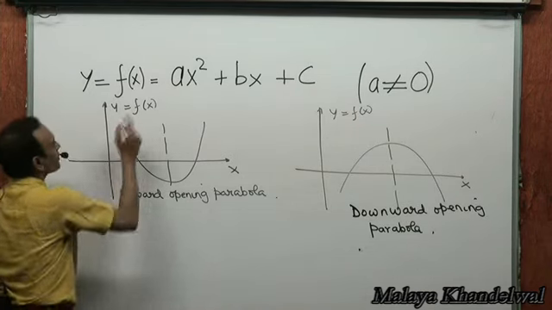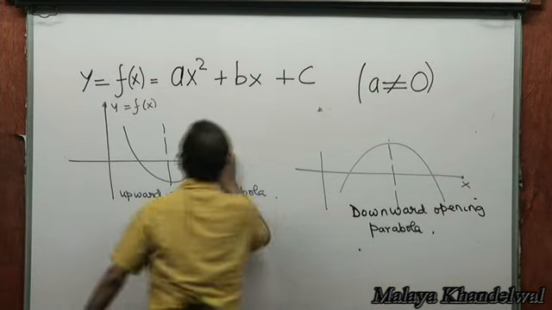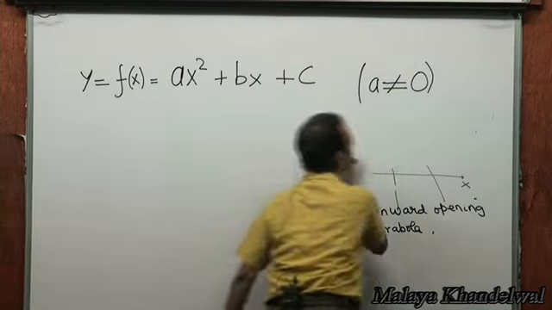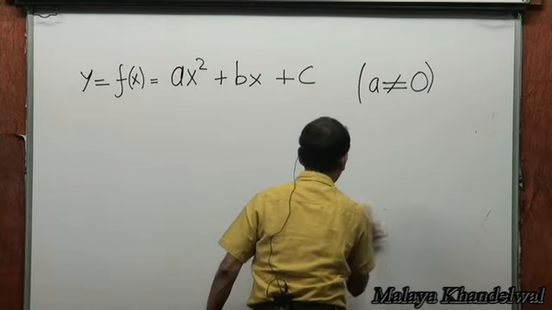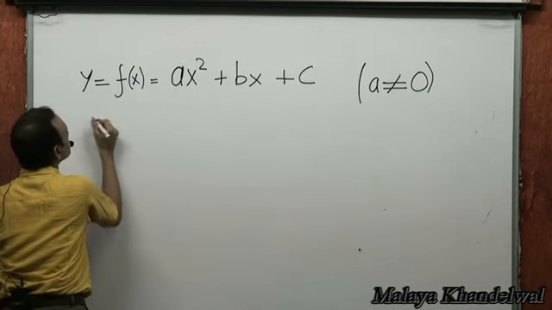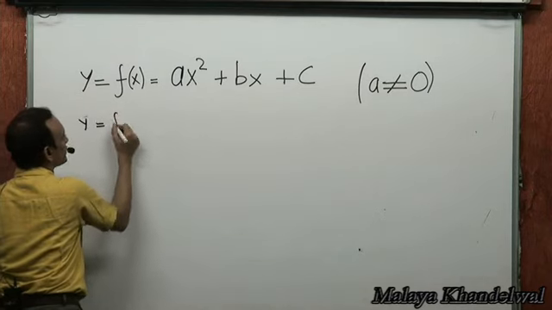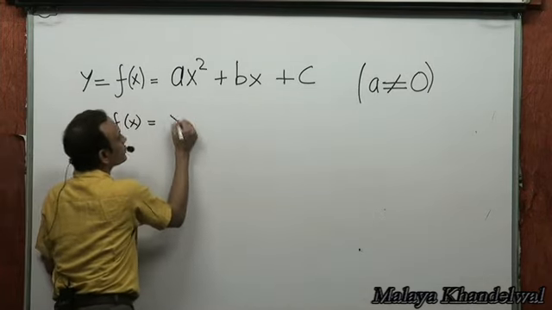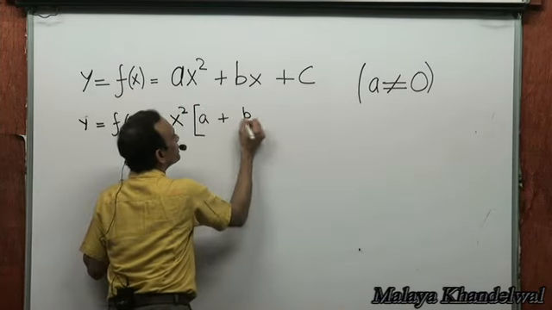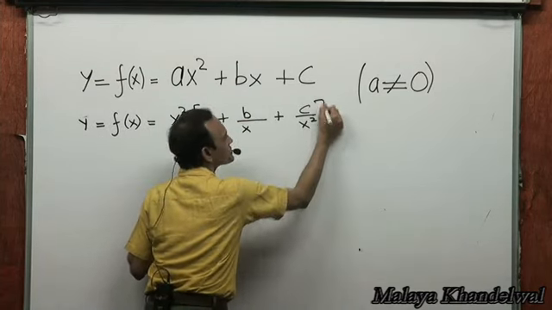This expression, y equal to f(x), could have been written as, if I took x squared common, x squared into (a plus b by x plus c by x squared).